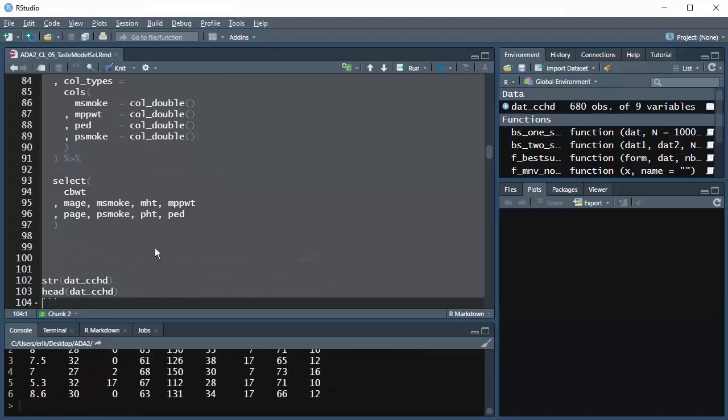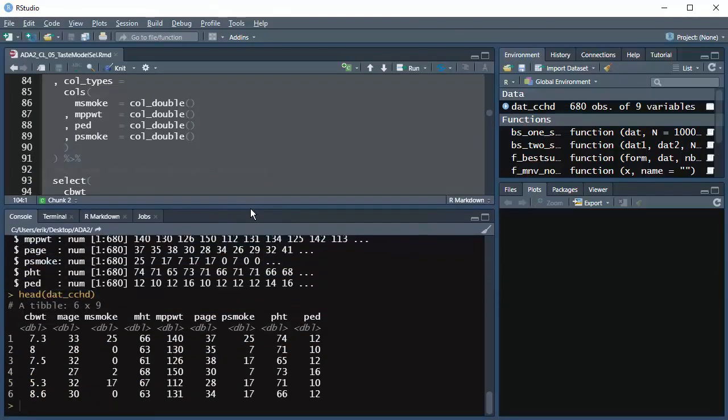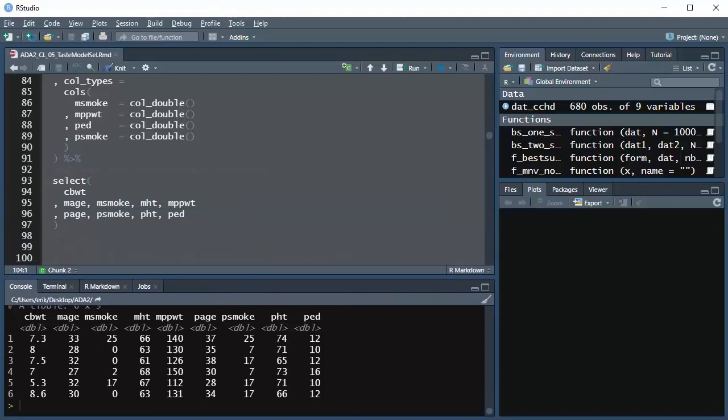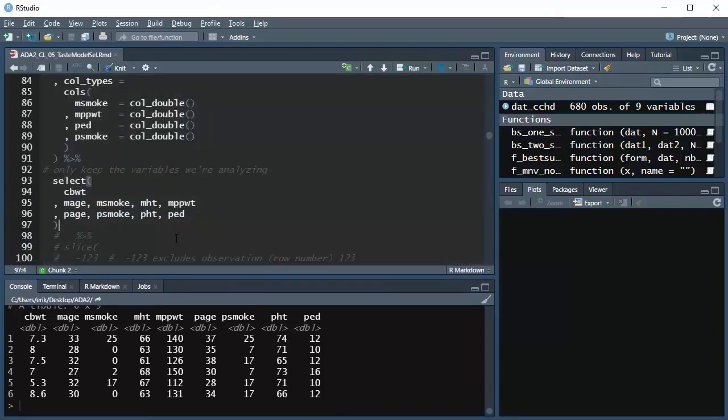Okay, so there's our original data. I highlighted it and pressed Control Enter to submit those lines down to the console. But now we're going to address observation 506. So I'm going to take this slice code, and I'm going to say 506.